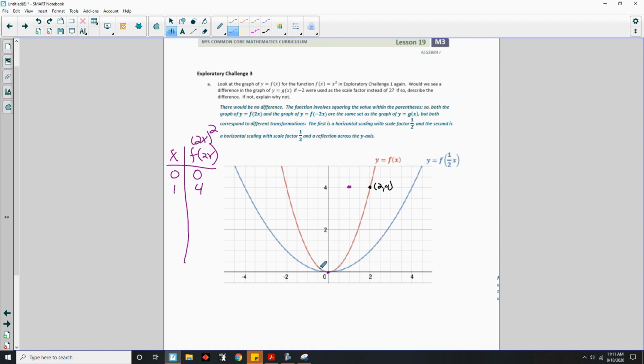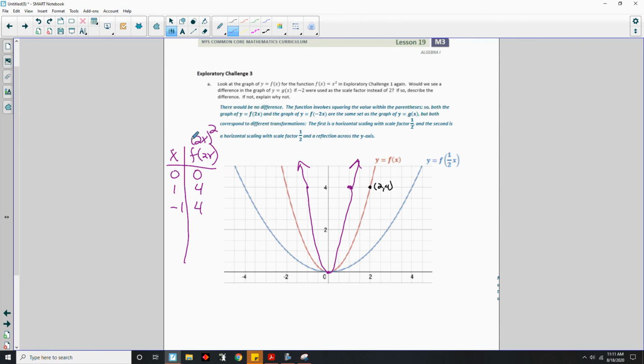Okay, so then if I plugged in a negative 1, it'd be 2 times negative 1, or negative 2 squared, which is positive 4 as well, negative 1 up 4. And so then it would be a parabola that comes down like so, very steep, curving back around and coming up like this. Okay, I'm off a little there, but you get the idea.